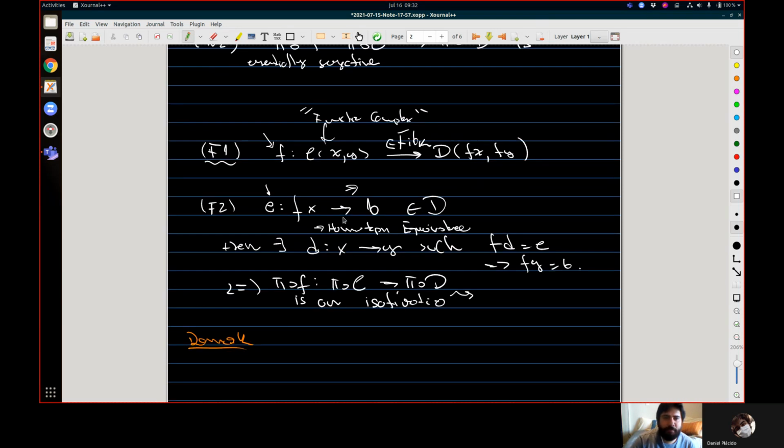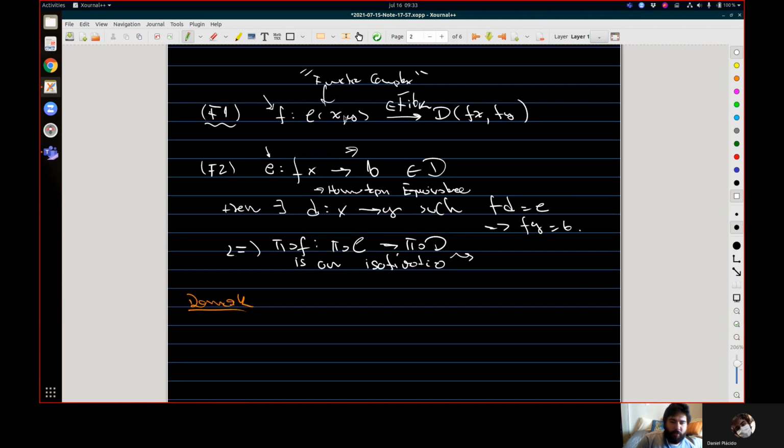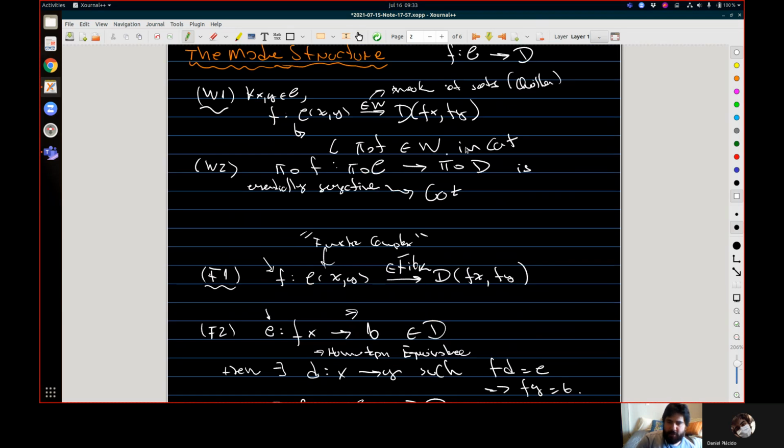The second condition says something similar, but in another model structure. Here we are in Cat, the model structure. This is saying that pi 0 of F is a weak equivalence in Cat. I said that condition 1 plus 2 implies that here is an equivalence of categories.